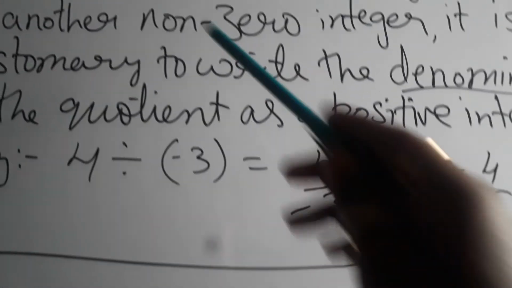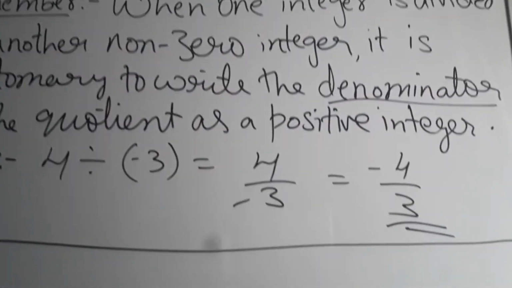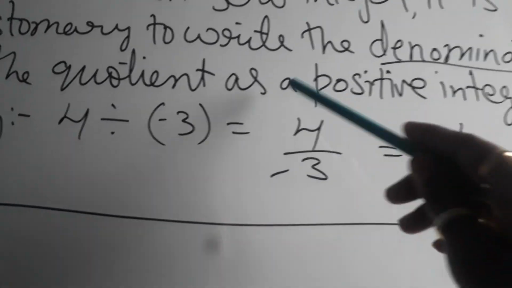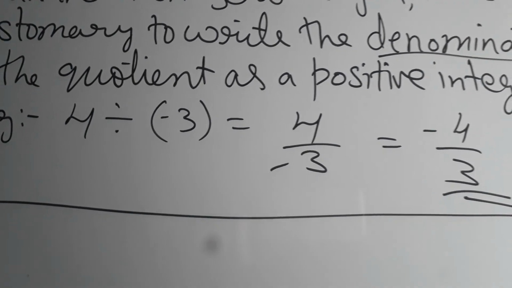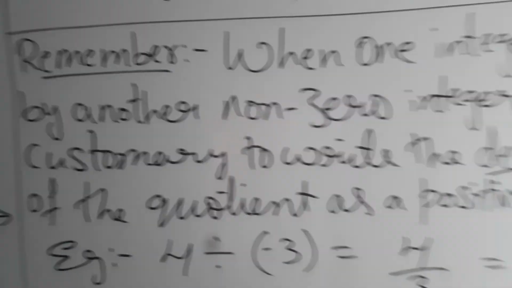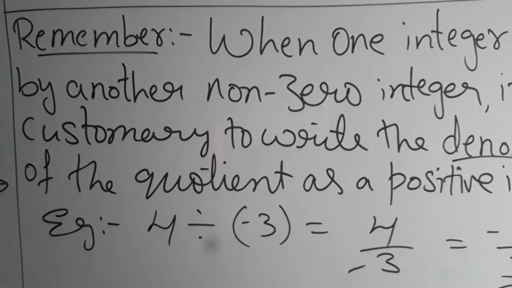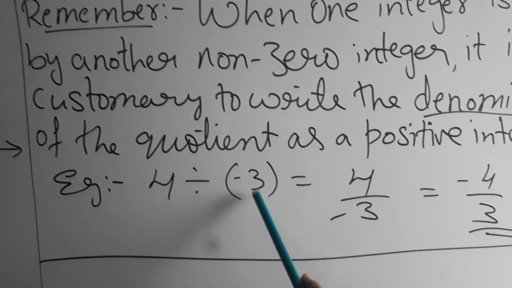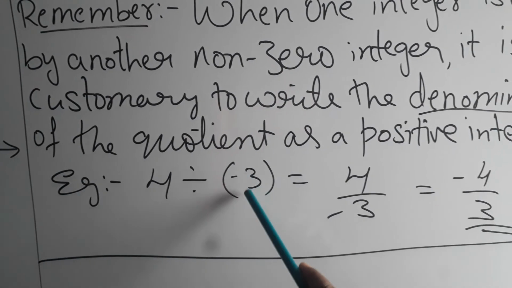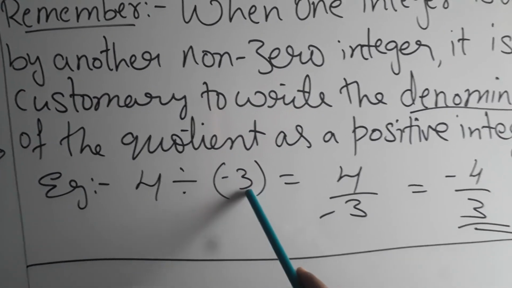And I have shown you so many examples of how it becomes minus, or it is an additive inverse. We can also say it is the inverse. So this point you have to remember: when one integer is divided by another non-zero integer. Non-zero means it is not a 0. It will be 1, 2, 3, 4, anything, but not 0.